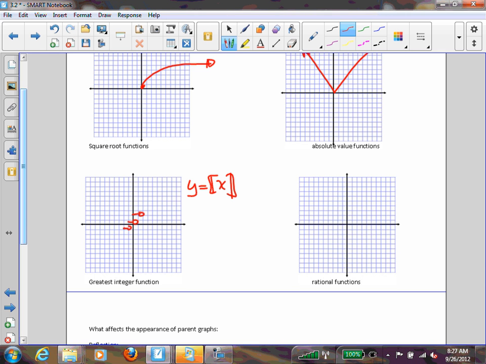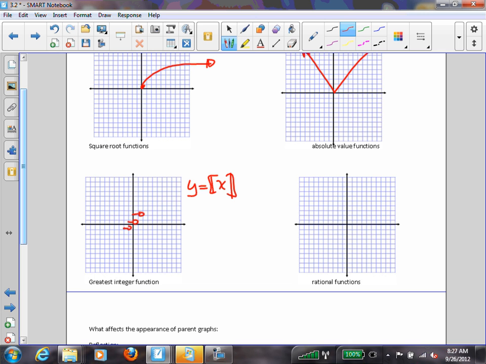It always starts at the left and opens to the right because you're always going to take that lower integer value. So at the origin, start, open. I'm kind of just showing you a basic graph because my stylus is so thick that I'm not able to actually put it on the correct values.